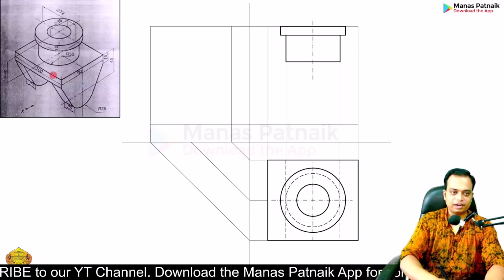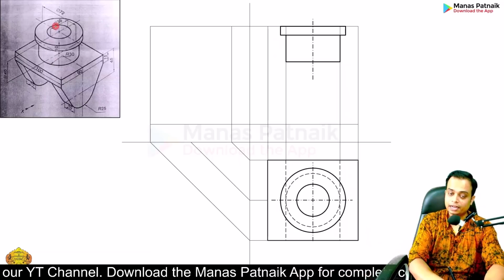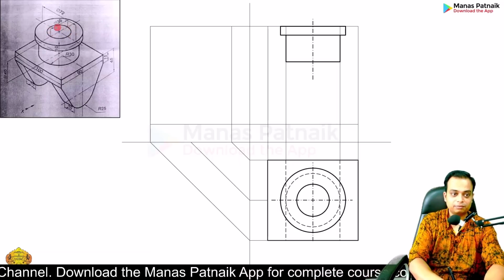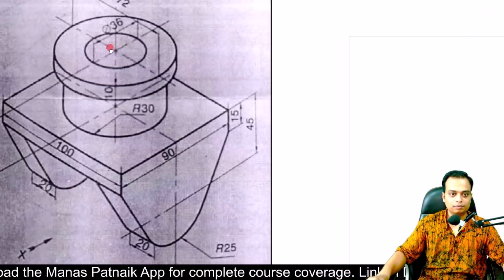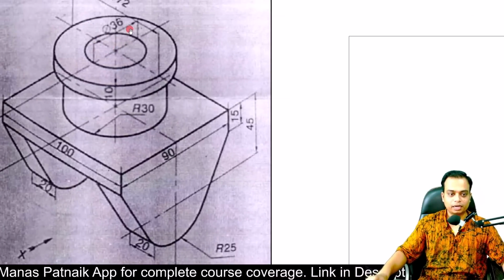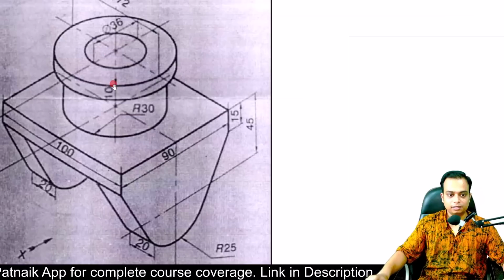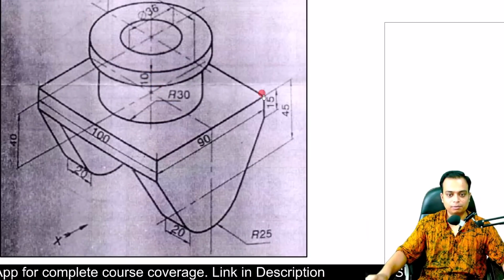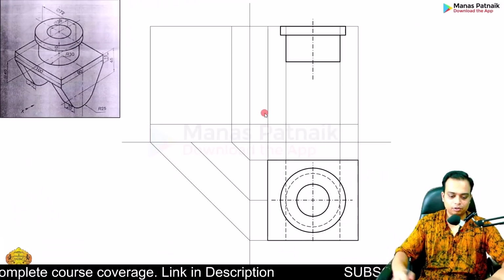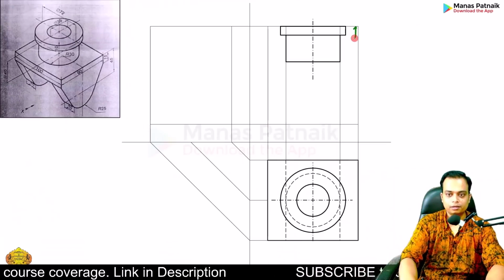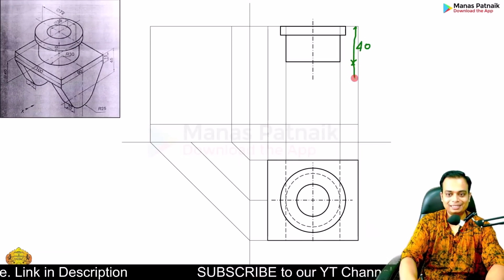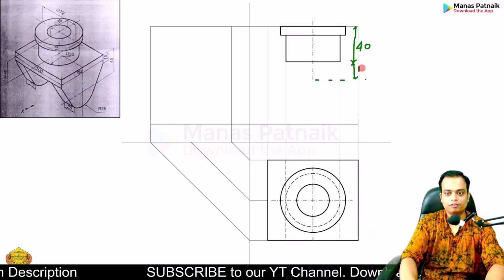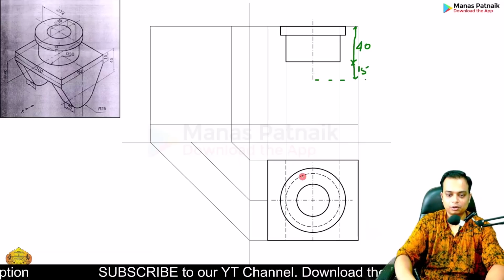And finally, we know very well, and it has been mentioned in the question, that this 36 millimeter diameter hole is throughout the object, cut throughout the object. That means this distance is 40 plus 15, which is 55. So here this in totality is 40, and this is going to be 15. So that is how you do it.